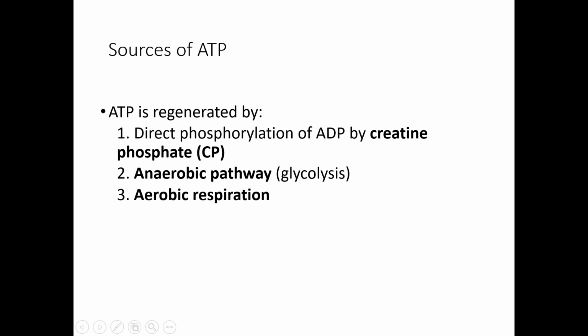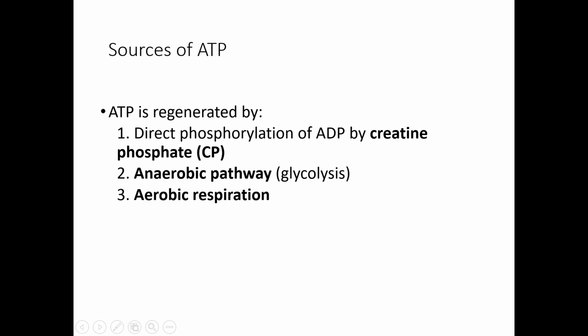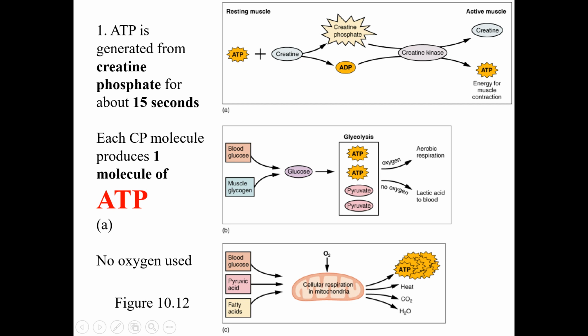It means, let's go back for a second, that the ADP molecule that has only 2 phosphate groups will be restored back to ATP using a molecule called creatine phosphate. Next, an anaerobic pathway using glucose without oxygen to produce ATP. Let's talk about each of them.